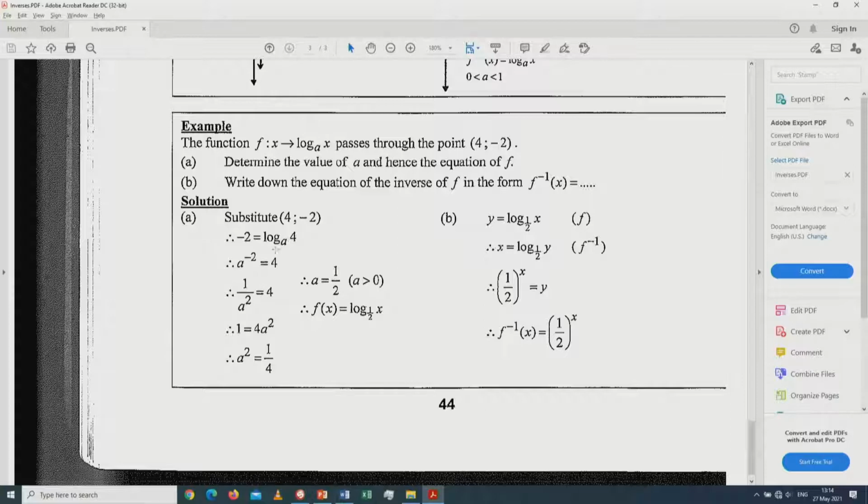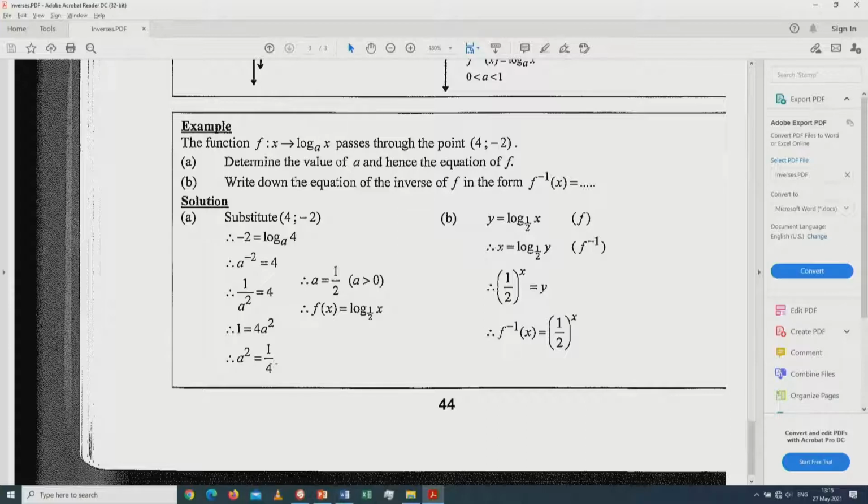So if you have mastered the skill and you have -2 equals log of 4 base a, it's easy to write this equation in exponential form. a exponent -2 equals 4, and applying the laws of exponents, a exponent -2 is the same as 1 over a squared. Multiplying by the LCD, 1 equals 4a squared, therefore a squared equals 1 over 4.